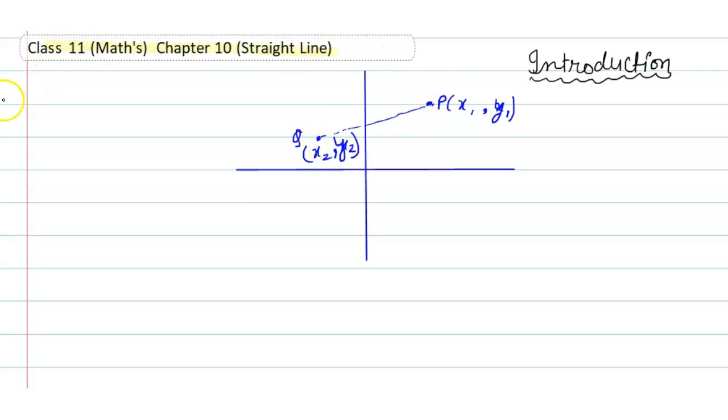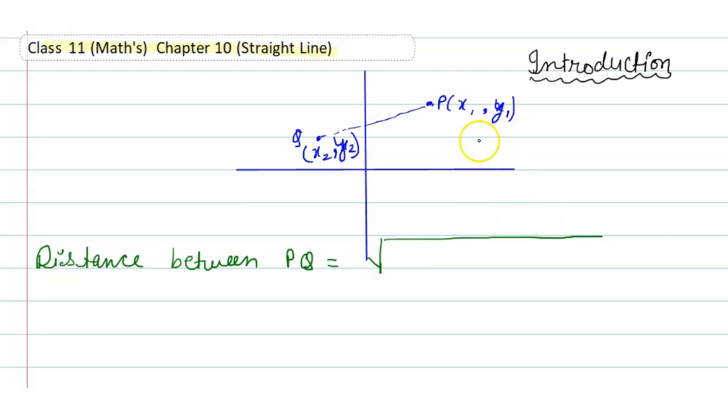So here the distance formula is: distance between PQ is equal to root of (x2 minus x1) square plus (y2 minus y1) square. So this is the distance formula between 2 points.